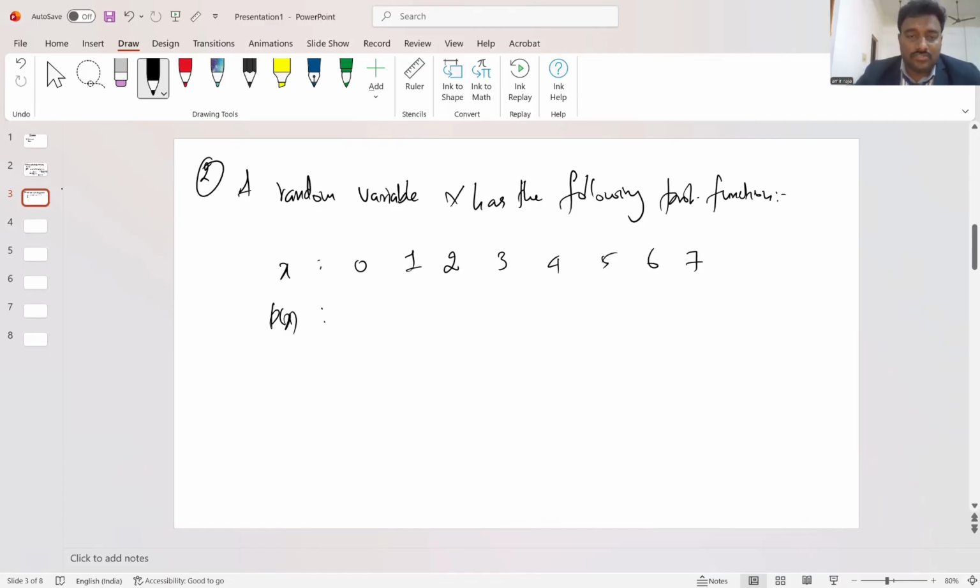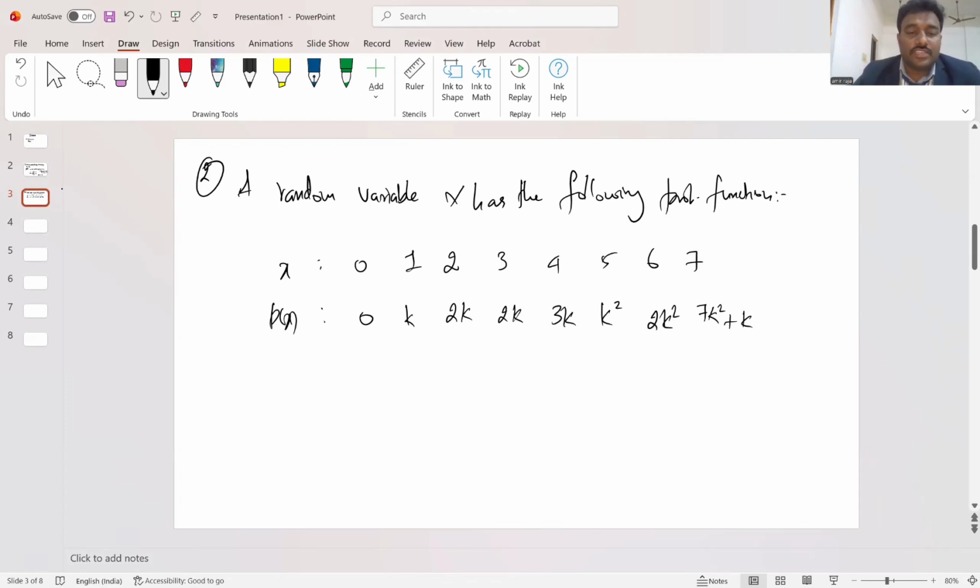Their values are 0, K, 2K, 2K, and then 3K, K square, 2K square, 7K square plus K, right?